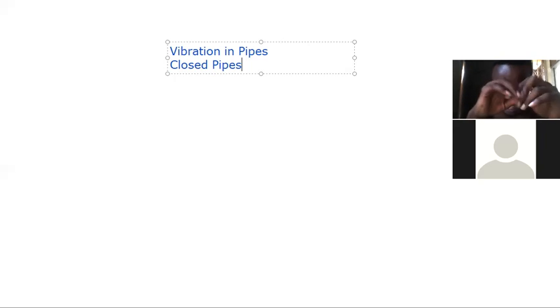Now the stationary wave has a node at the closed end and an antinode at the open end. So in this case, you are going to get something like this.